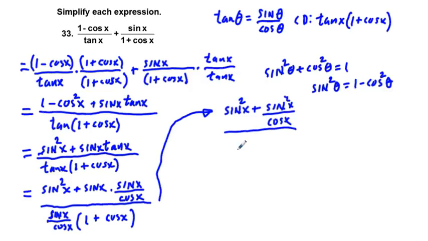And in the denominator we're going to multiply through this: sine x over cosine x plus sine x over cosine x times cosine x. Okay, just read that without parentheses.